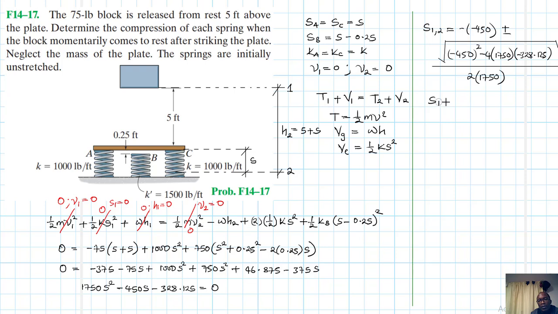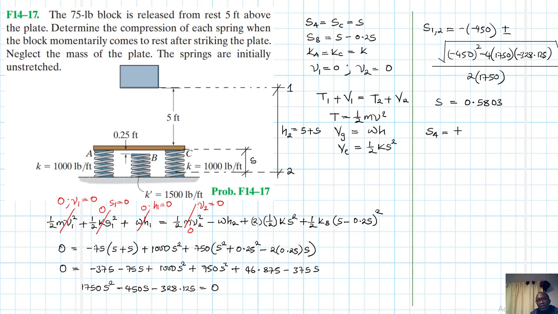I just want a positive S. We have S equal to 415 squared plus 4 by 1750 by 328.125, square root of that, and then plus 415 divided by 2 by 1750. So this gives us 0.5803.